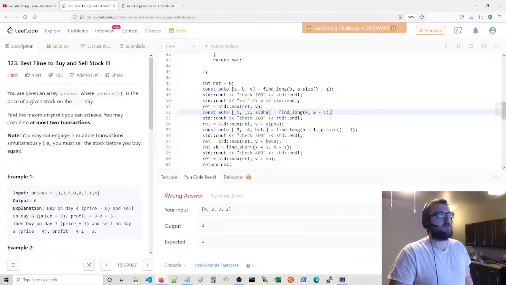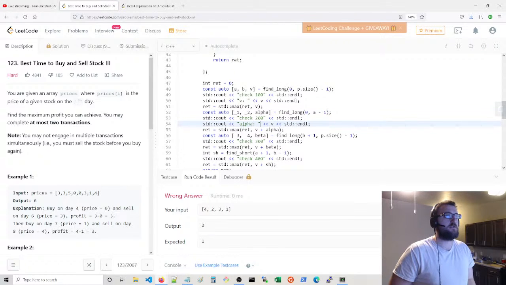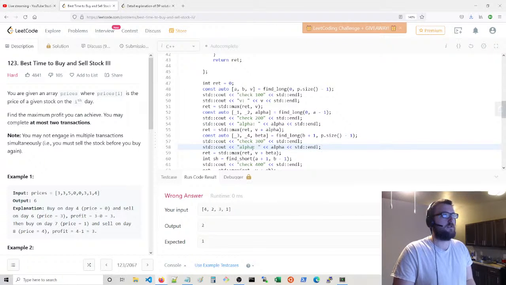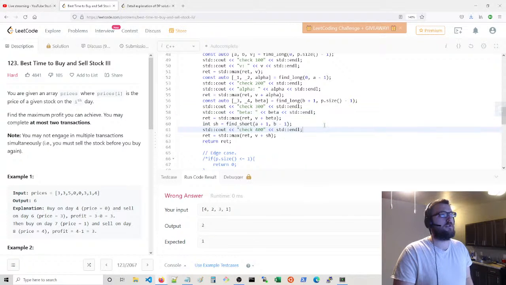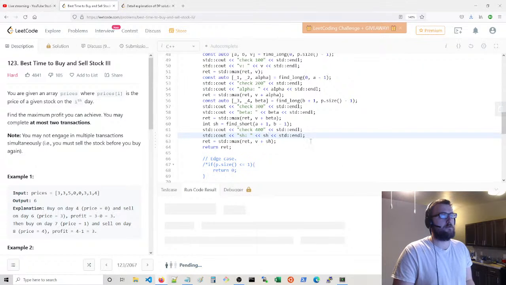What do each of these values give us and why? Alpha. Beta. And one more. Short. I think we added a short in there that we shouldn't have added.